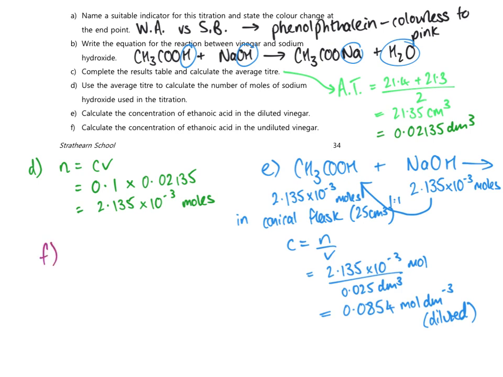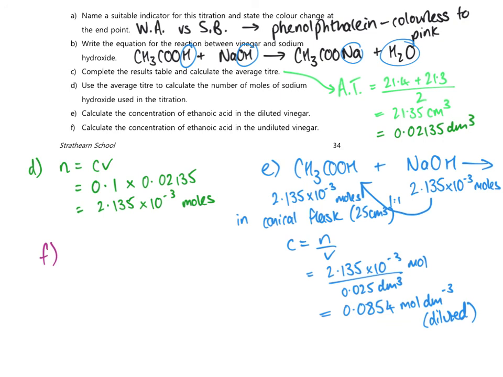And finally, in part F, it asks you to work out the concentration of the ethanoic acid in the undiluted vinegar. And that's where we need to take into account our dilution factor. So we know that the concentration of the diluted vinegar is 0.0854. And earlier on, we worked out that our dilution factor was times by 10, because we took 25 centimetres cubed of our initial vinegar and we made that up to 250 centimetres cubed.